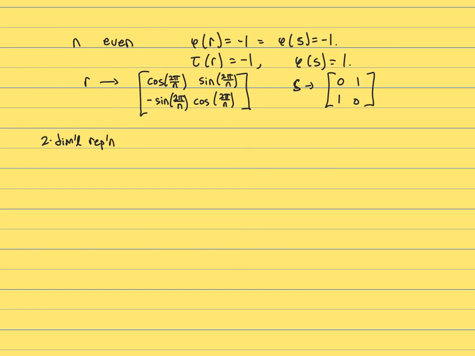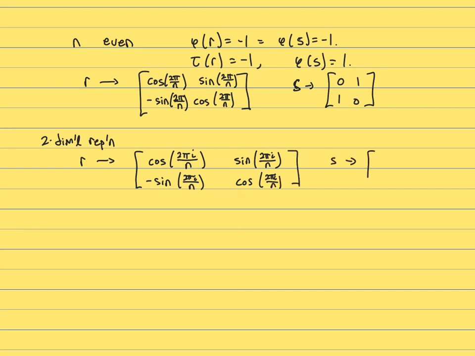As an example of another representation, you could also send r to cosine of 2 pi times i over n for any fixed integer i, and still send s to this matrix.